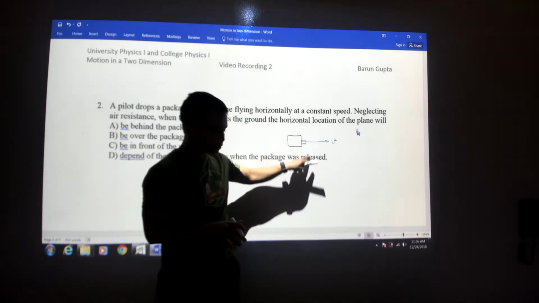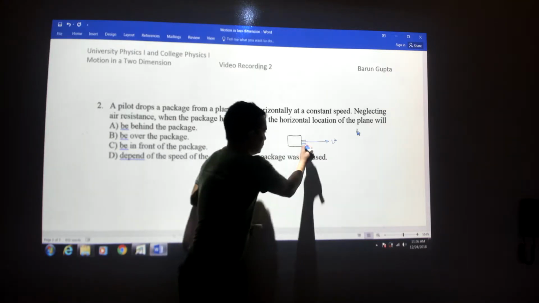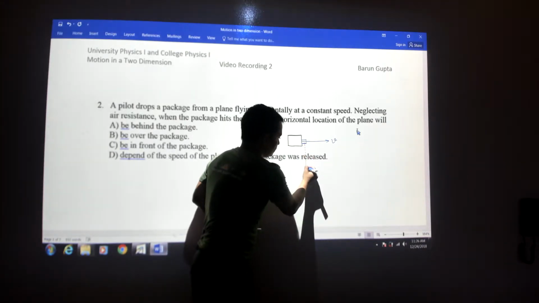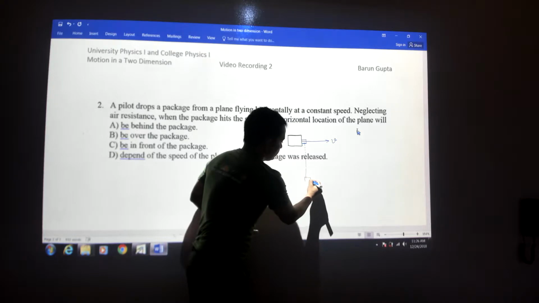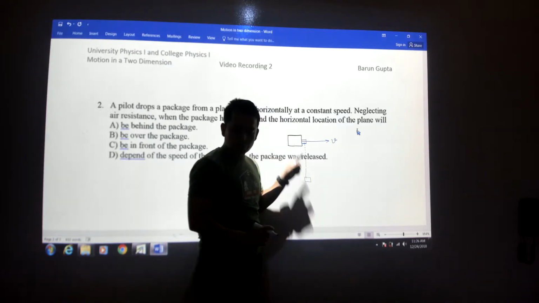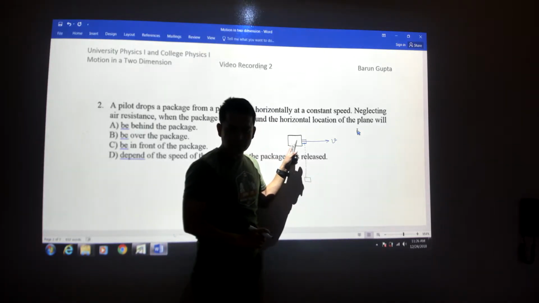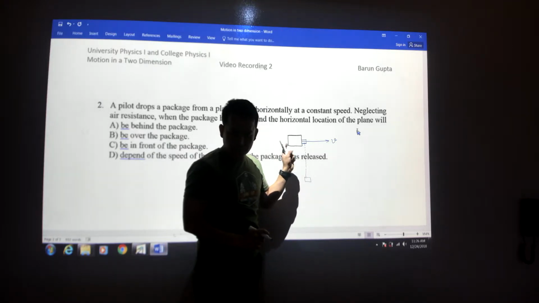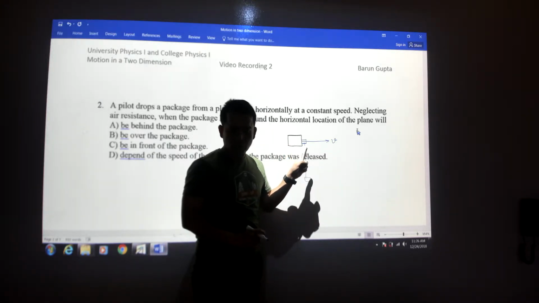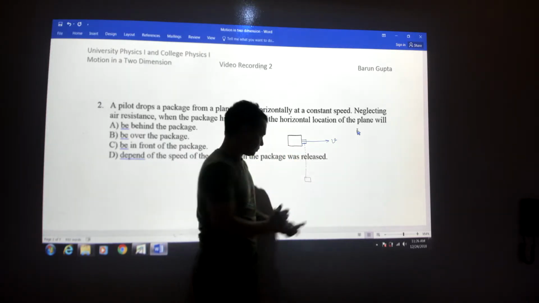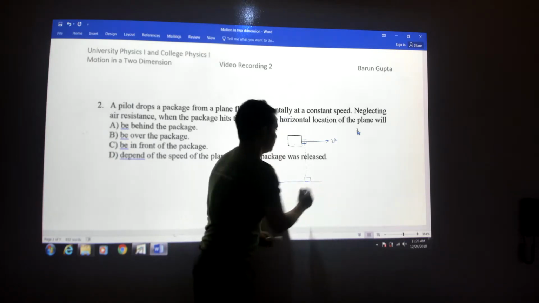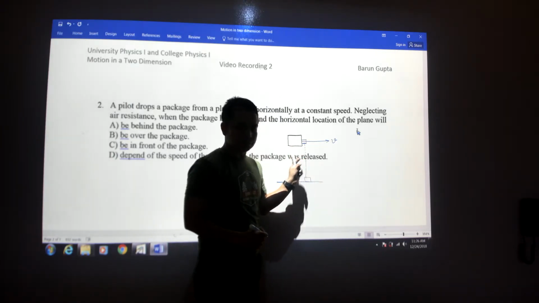So when the package drops down, the package will fall in a vertical direction relative to the pilot or to the plane. So the plane will always be over the package, because there is no relative motion.